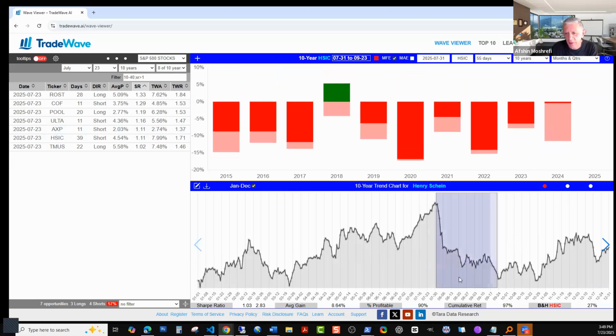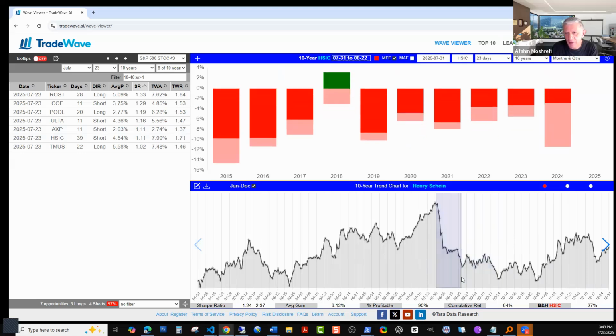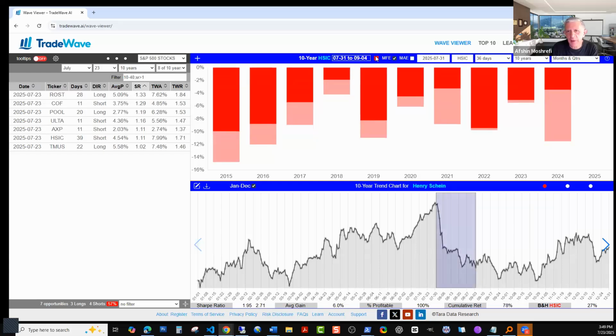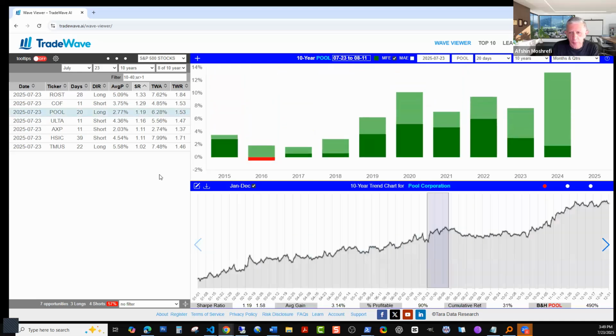And then you have to see what makes most sense. Look at that. If you wait 36 days, it was profitable 10 out of 10 years until September 4th. Every year as a short. POOL, Pool.